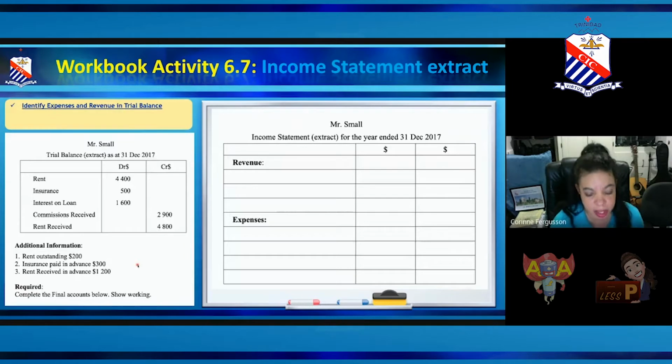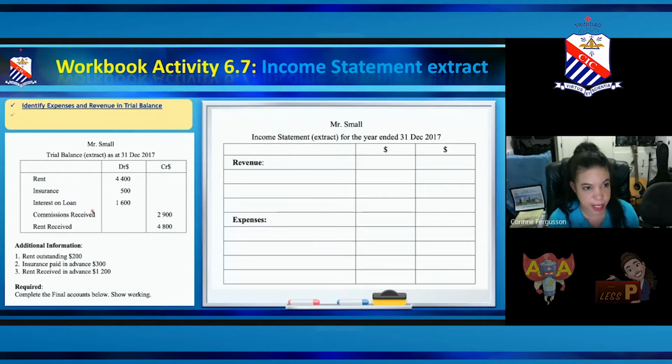And I am most comfortable going to the trial balance. And when I go to the trial balance, I identify the expenses and revenue. For example, since it's an extract, you already just have expenses and revenue. But when we go to do the full ones, you would see everything: assets, liabilities, income, capital, and expenses. But in our example, you have your expenses, 1, 2, 3, and you have your revenue.